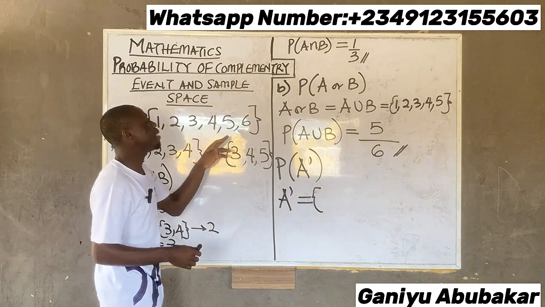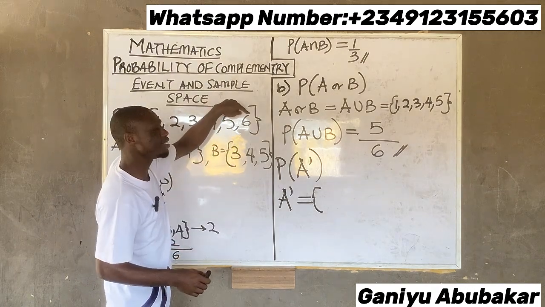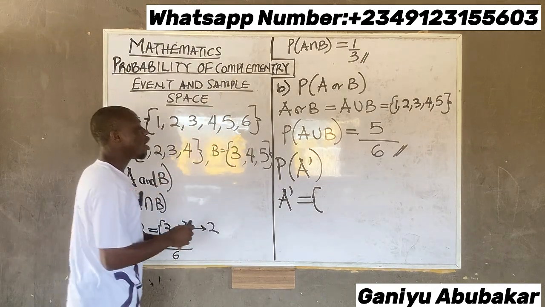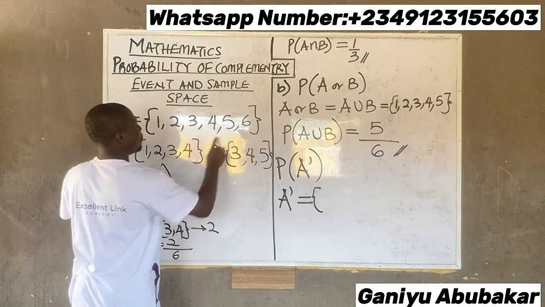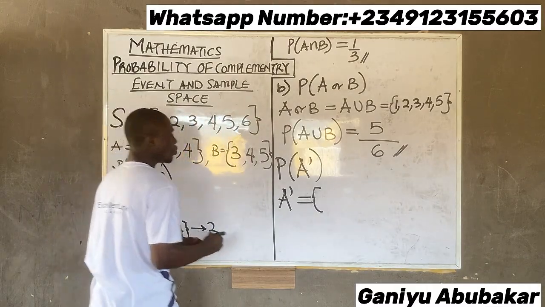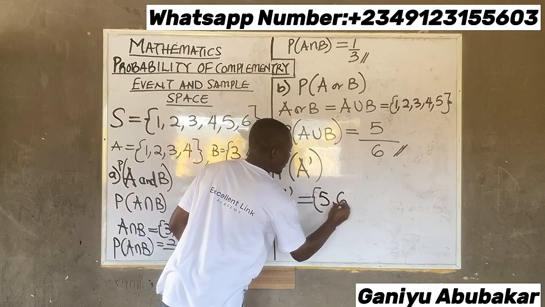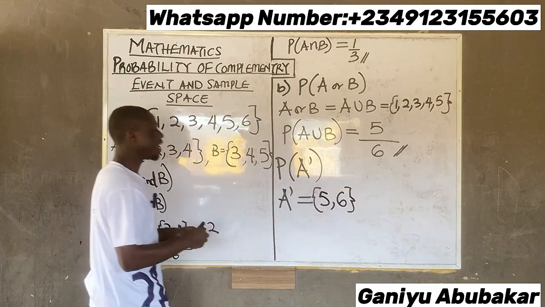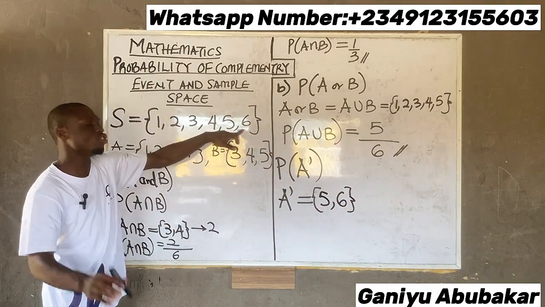So write out the members that are in the sample space but not in event A. That's 5 and 6.